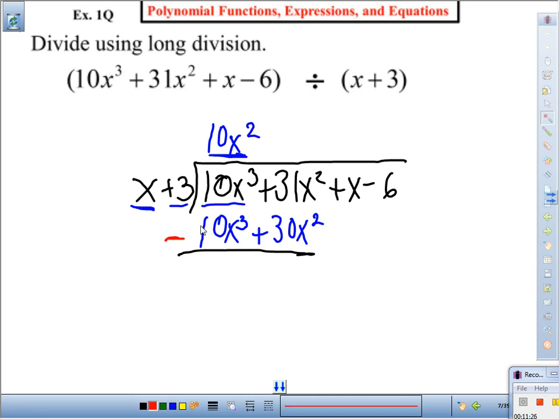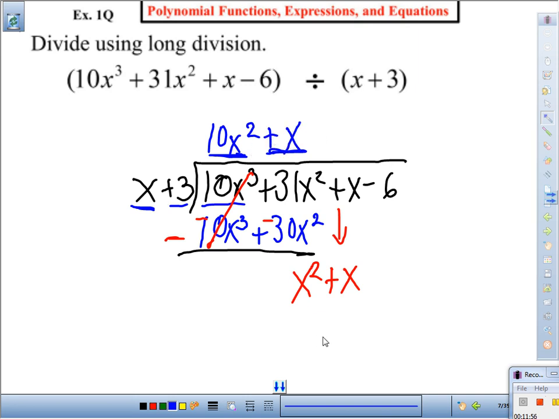Subtract, which means this is a negative and this is a negative. So we're left with 1x squared, and what do we do next? We bring down the next term. And we do the process one more time. What number times the first term is equal to this first term? Positive 1x. That is correct.